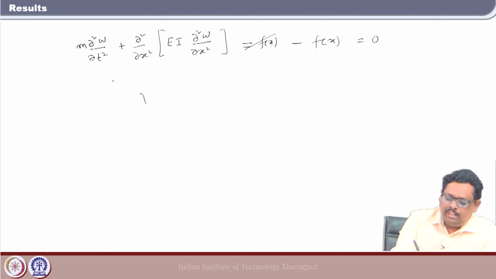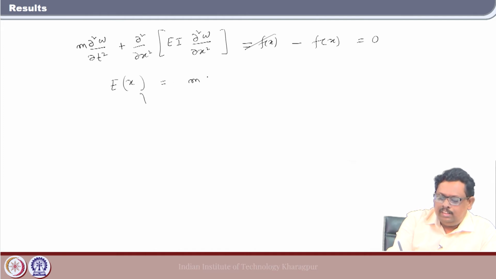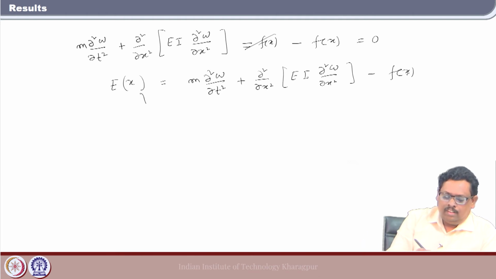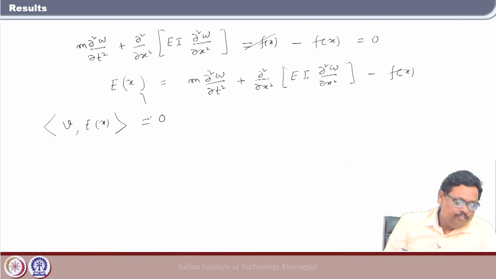I can find my error function, let us say E of x, which is m into del square W by del t square plus del square by del x square of E into I into del square W by del x square, minus f of x. Now I have to define some test function v. This test function v with this error function E of x should hold an orthogonality property, that it should be equal to 0. So, this is my idea.